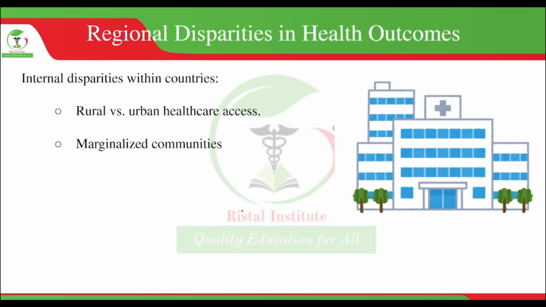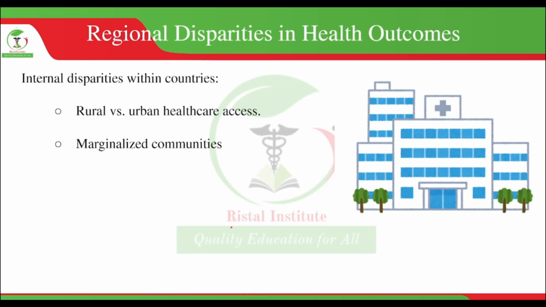That's one point. But the second point is that within a country, you can still have different populations having different health outcomes. So that is an issue to do with the internal disparities. So within a particular country, you still have people who are having poor health outcomes or communities that are having poor health outcomes.